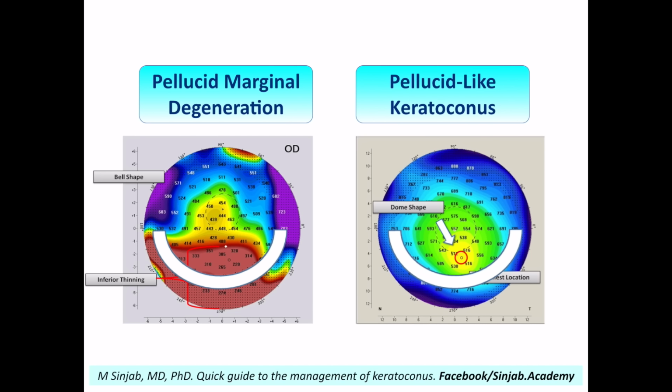If we indicate intracorneal rings in pellucid marginal degeneration, there are special considerations to avoid perforation of the cornea because we may insert the intracorneal segment into the very thin area, while in Pellucid-Like Keratoconus, most probably we are away from the thinnest location. And of course, there is a difference in the indication of penetrating keratoplasty or lamellar keratoplasty in these entities.